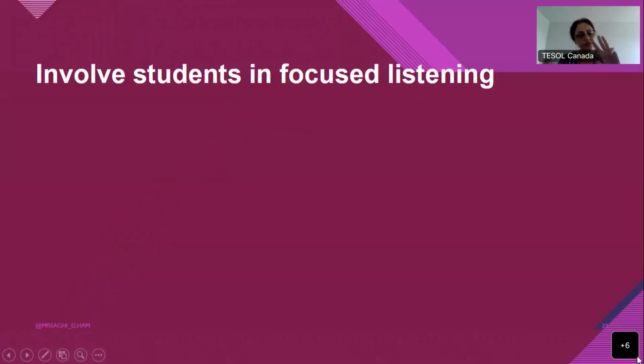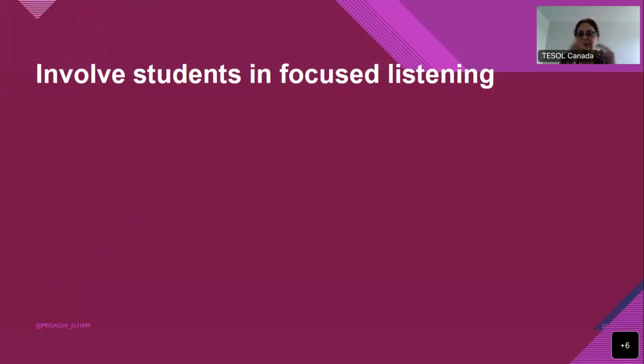But for teaching pre-while-post, back to that pre-while-post. Pre is the same for both, either intensive or extensive. You have to put the students in the context. We start to talk about the topic, involve them with the topic. Then you need to pre-teach the keywords.